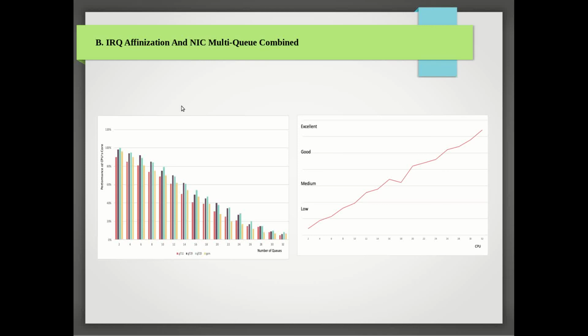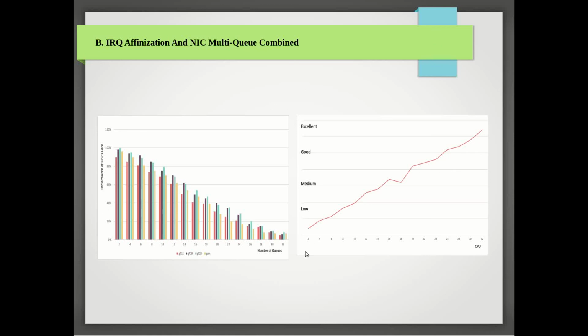The other metrics that could be directly impacted by our study are interrupt request optimization and the NIC multi-queue capability.